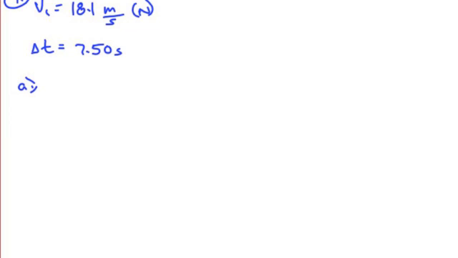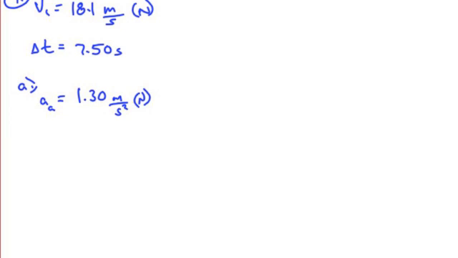The way this question is worded, we're given an acceleration for A, because it's part A, is 1.30 meters per second squared in the north direction. So that means your acceleration is in the same direction as your initial velocity. So that means your car should speed up.